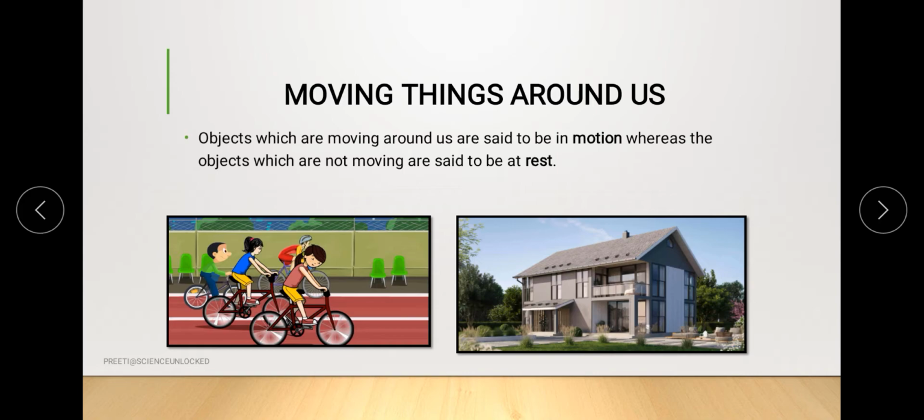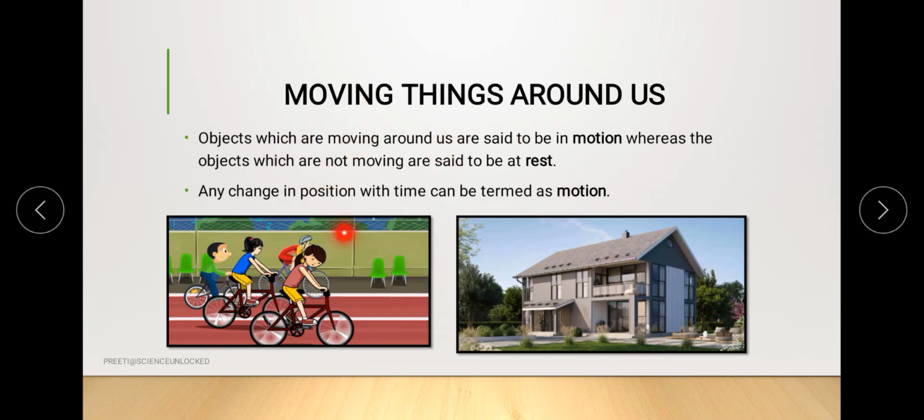Now, over here, how exactly have we identified that the kids riding the bicycle are in motion, whereas the house is at rest? This can be observed with reference to time. Time plays a major role in finalizing whether an object is moving or not moving.